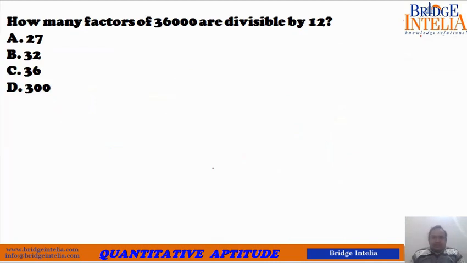Now let's have a look at this question. How many factors of 36,000 are divisible by 12? So let's see what is different about this question. Before proceeding, let's prime factorize this. 36,000 is 36 into 1000. 36 is 9 into 4, so this is 3 square into 2 square.